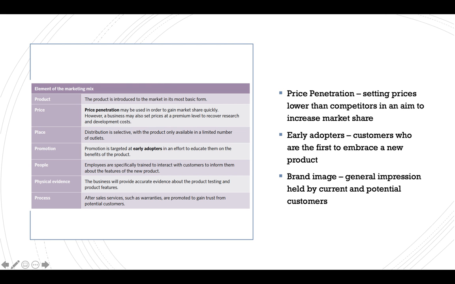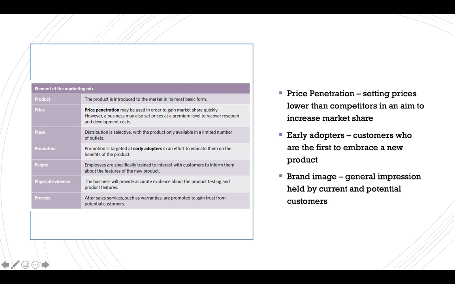So in terms of the marketing mix, where we are looking at the introduction phase of a product, the product is introduced to the market in its most basic form. Okay, so there's no additional add-ons in this very first phase. This would often happen in the extension phase.